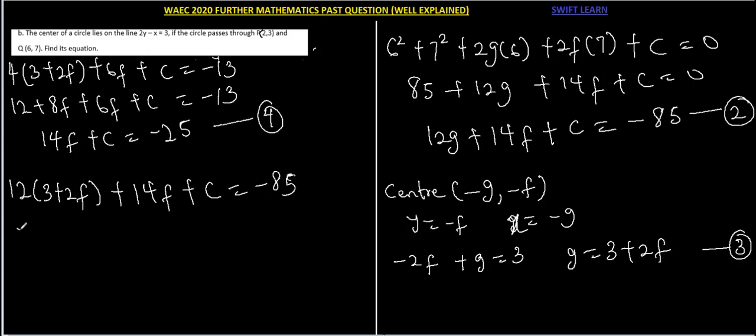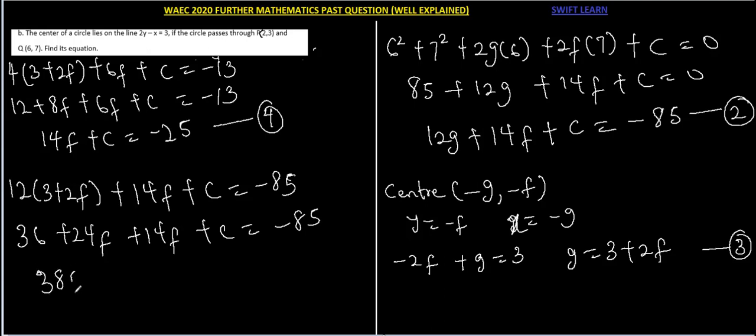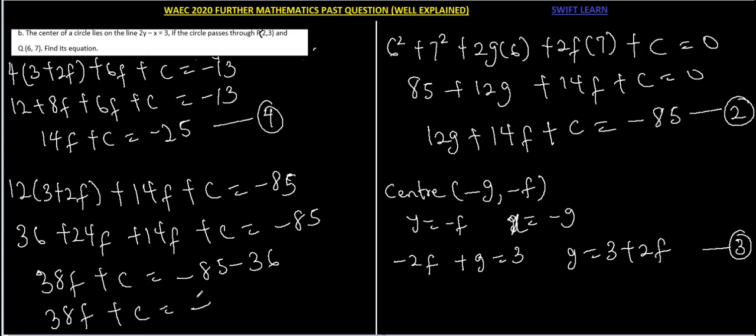12 times this is 36 plus 24f plus 14f plus c equals to minus 85. Okay, 24 plus 14 is 38f plus c equals to, you have minus 85 minus 36. That's what? 38f plus c will give you minus 121.